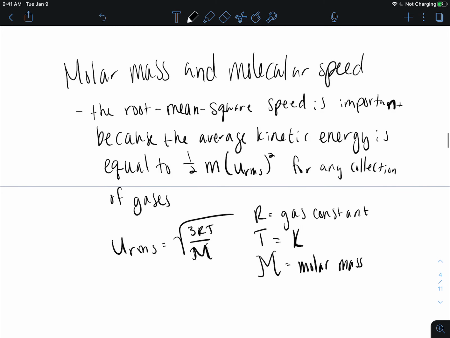It's uppercase M that I've added some fanciness so it's not confused with molarity.